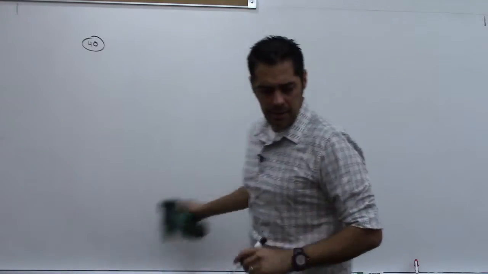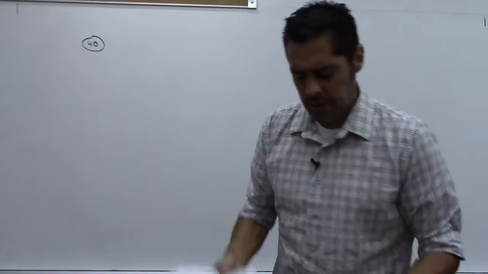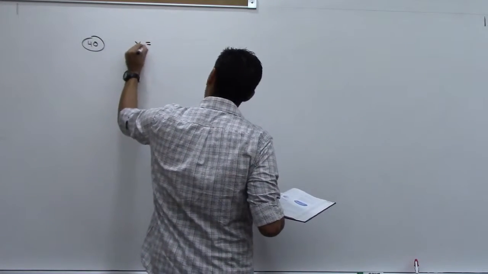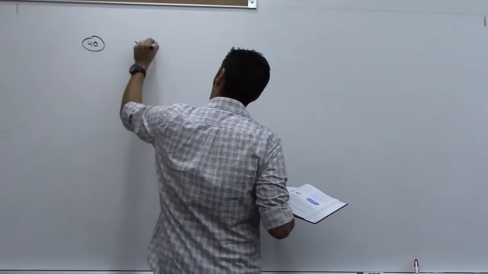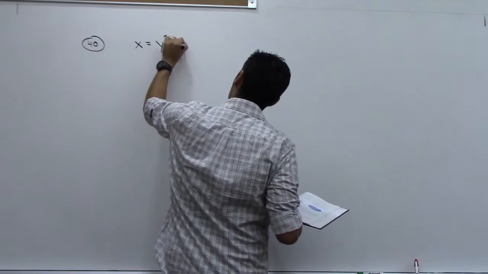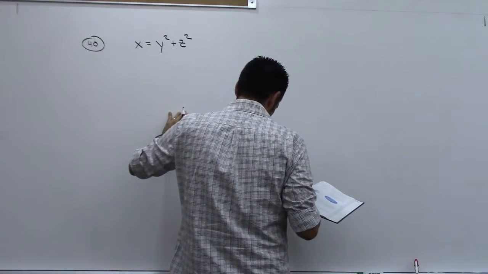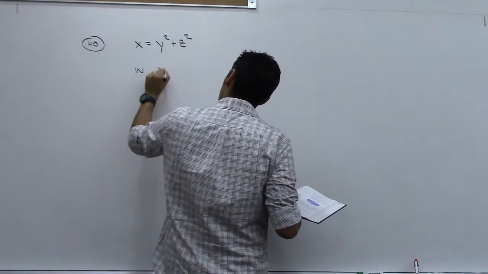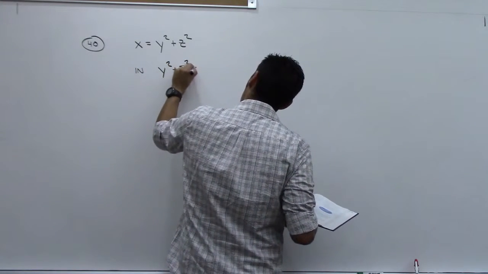So for 40, we want to find the area of the surface that's part of the paraboloid x equals y squared plus z squared that lies in the cylinder y squared plus z squared equals 9.